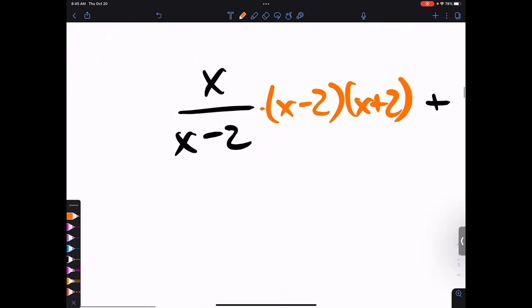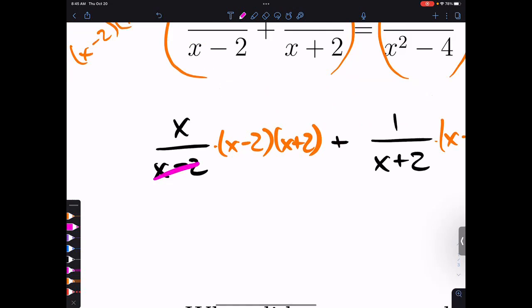There's a factor of x minus 2 in the denominator, and you're multiplying by x minus 2. So those cancel. When you cancel those, what's left? X, the thing that was there to begin with in the numerator, times x plus 2.